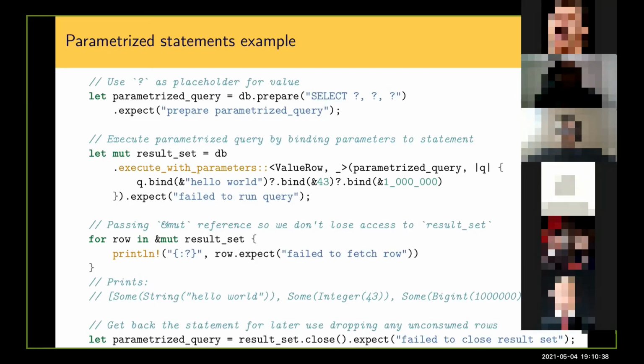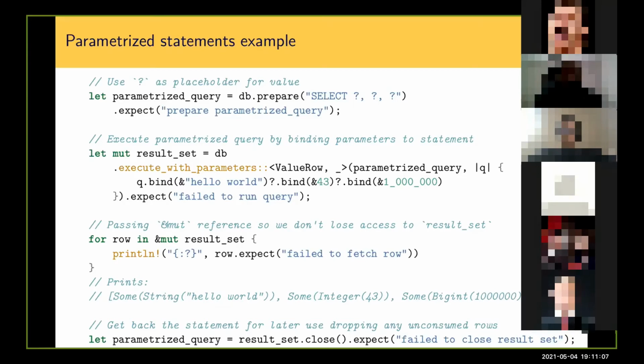Here I bind a string and an integer and another bigger integer, and you can see you can use Rust types, you just reference them. The important thing to note is that because they are references, you need to keep them around until you consume the result, until your query is executed. But this is all handled statically by the Rust compiler, so there's nothing you can do wrong here, at least in theory.